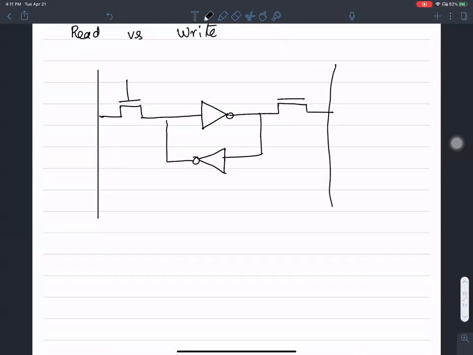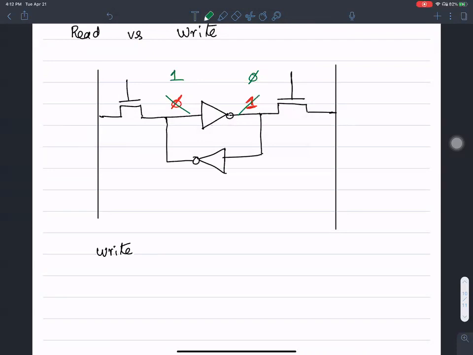Now tell me, for our example, do you want to first read or write? I would like us to write. Okay. Let's say I have a value of 0 that is initially sitting in here. That means a 1 is held over here, which reinforces through the pair of transistors. So your question is, it is not really clear whether I'm trying to read or write. When you want to write, let us say for argument's sake, I want to overwrite this with 1. That means I should write a value of 0 in here.